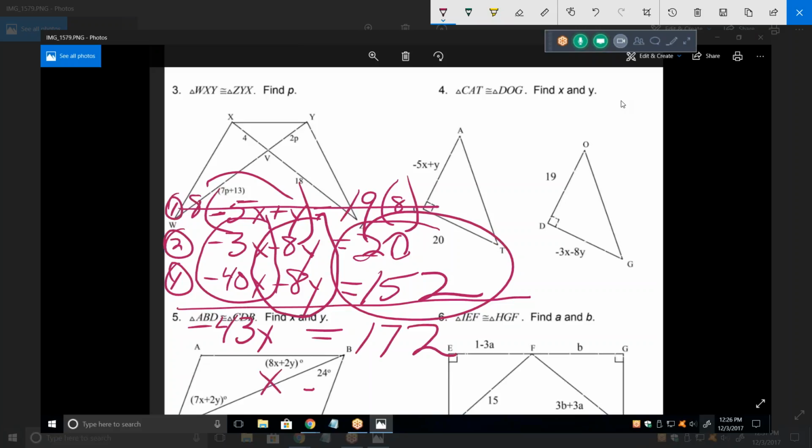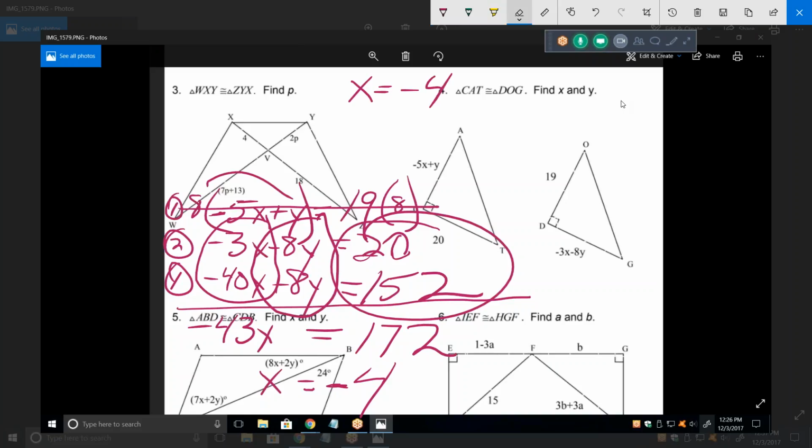Now solve for x. Negative 4. Yeah. Okay, so x equals negative 4.